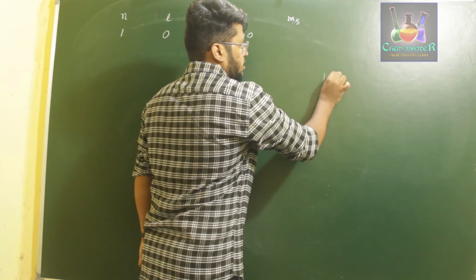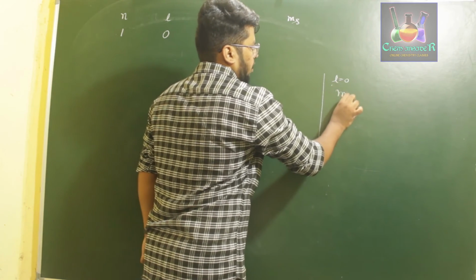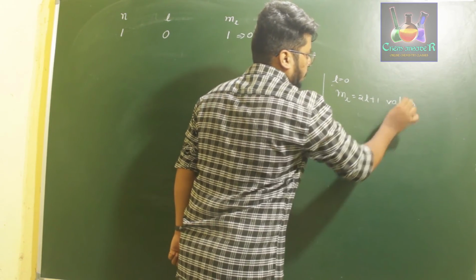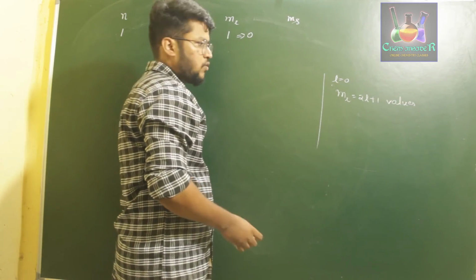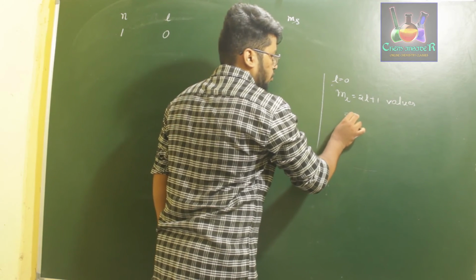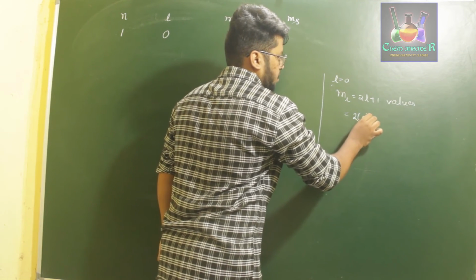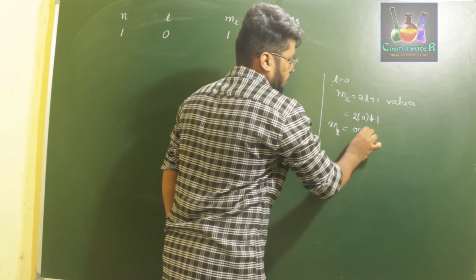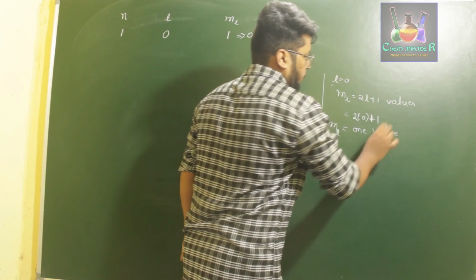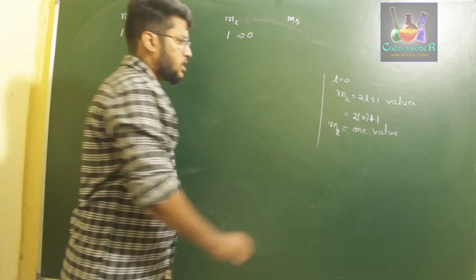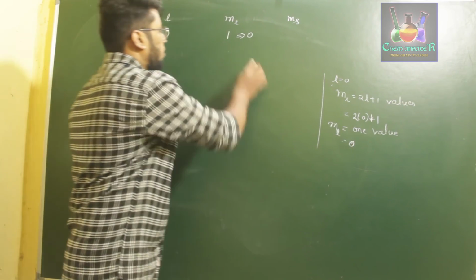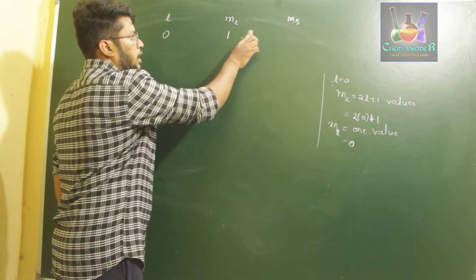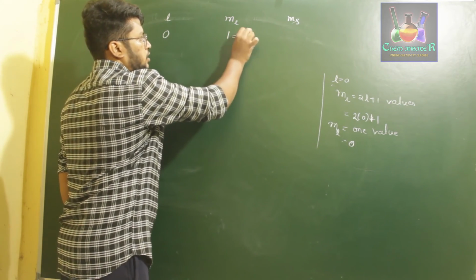Remember, don't confuse this with the other things. If l is equal to 0, ml will have 2l plus 1 values, that is 2 into 0 plus 1. So therefore ml will have one value, and that value is 0.